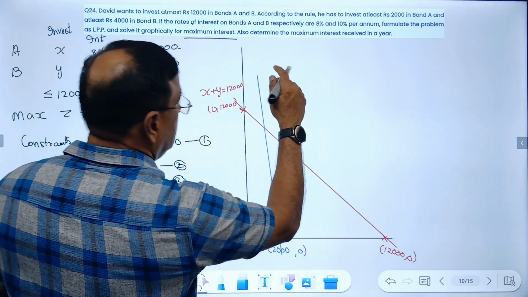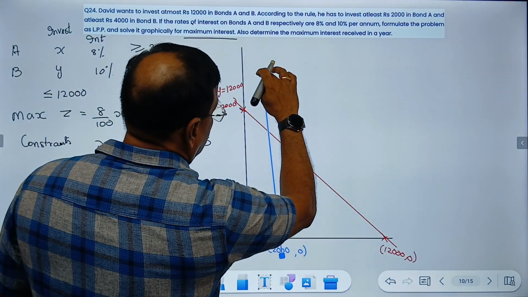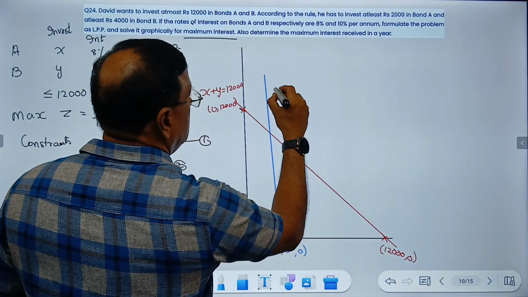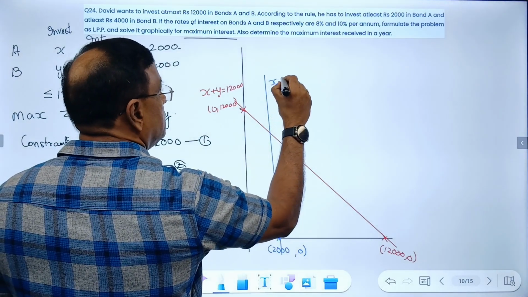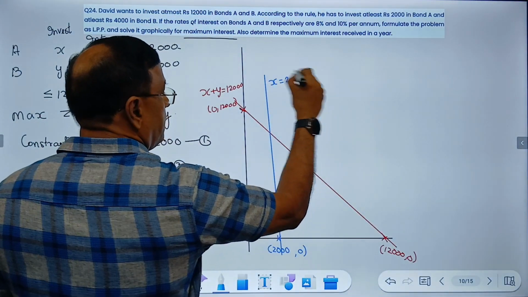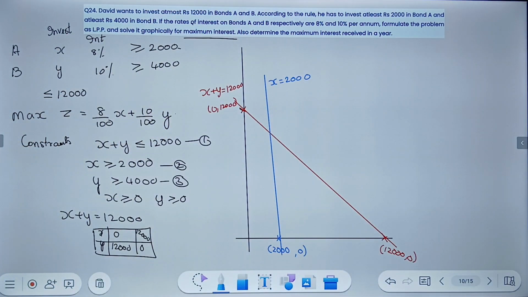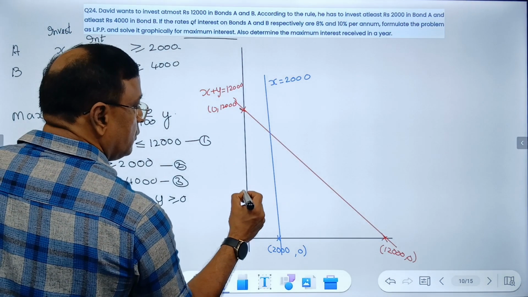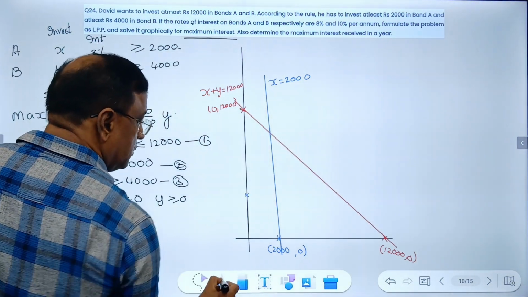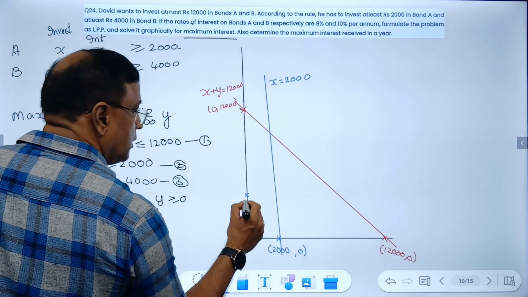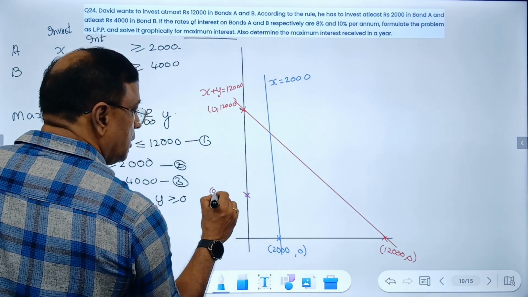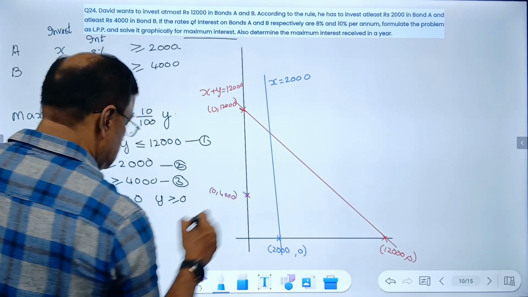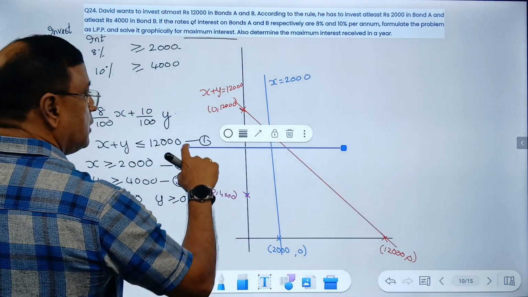What is the equation of this line? It is x equal to 2,000. Now y equal to 4,000. 4,000 will be somewhere here, so I'll take some other line. This is 0, 4,000. Plot the line.